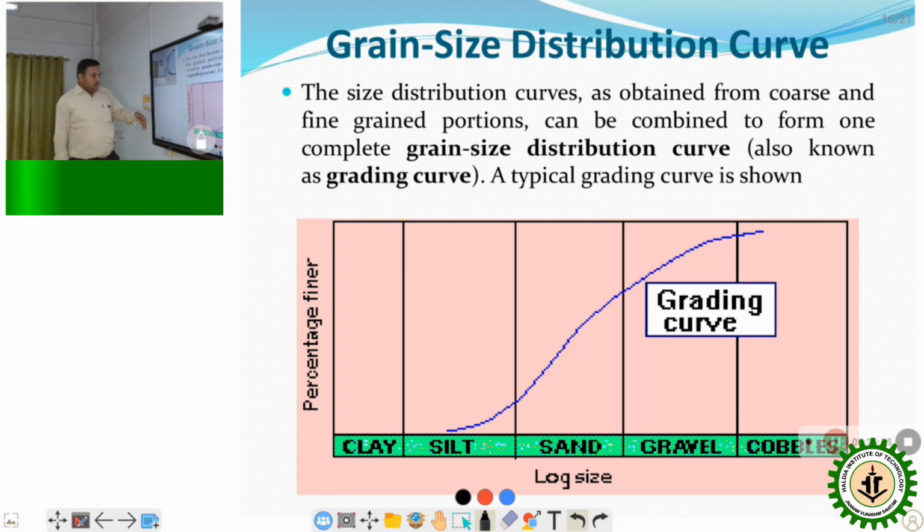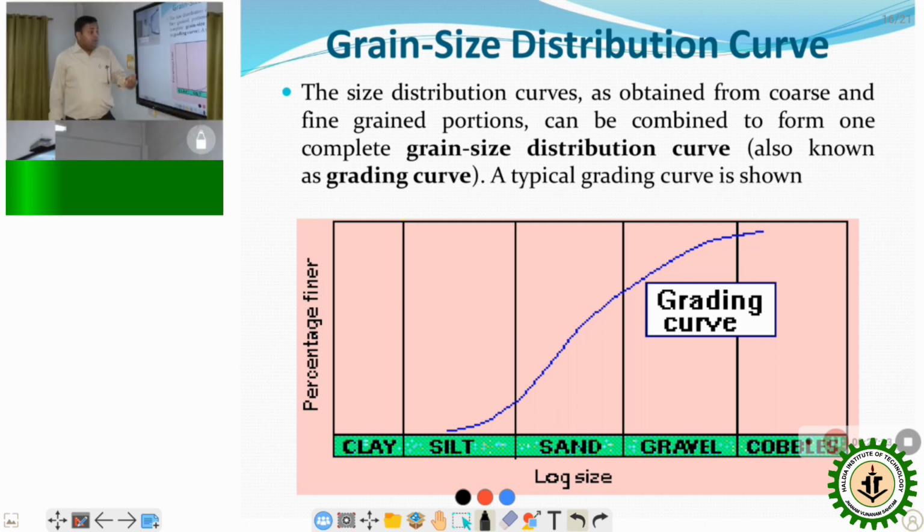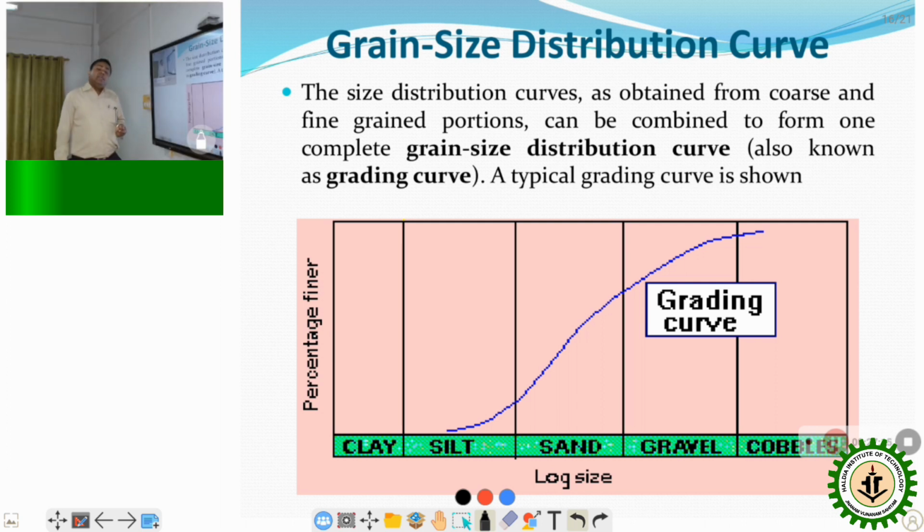Here the scale along the x-axis has been taken in ascending order, and percentage finer along the y-axis. So this S type of curve we are getting. This curve is called the GSD curve. Also it can be termed as grading curve.